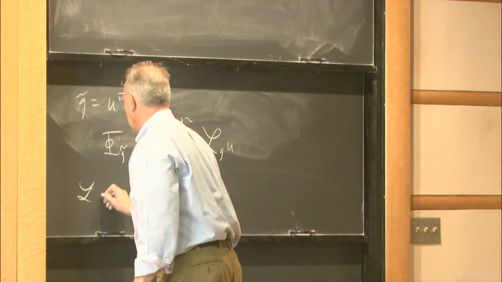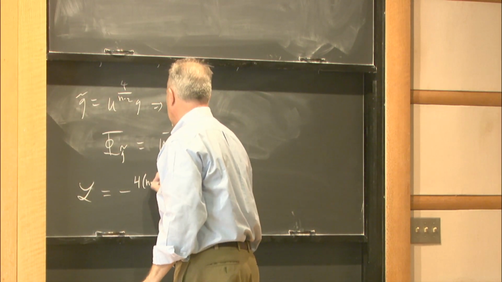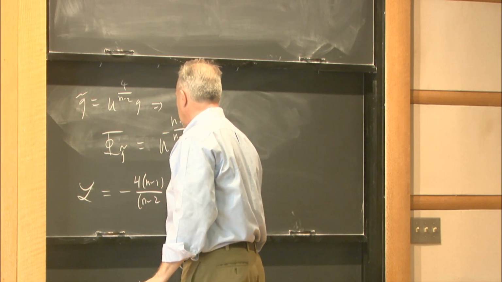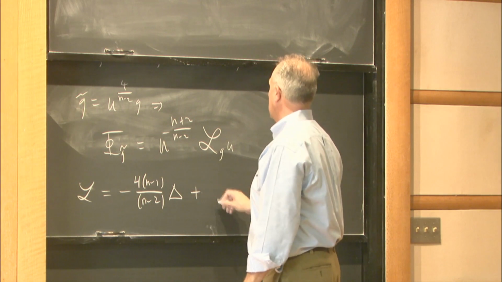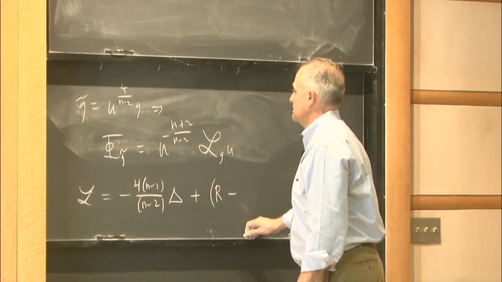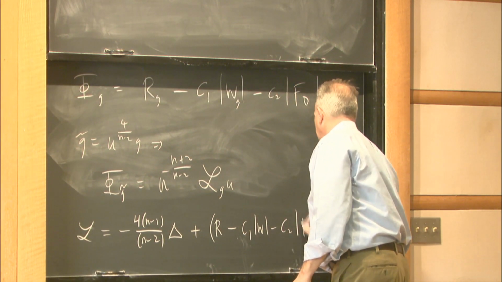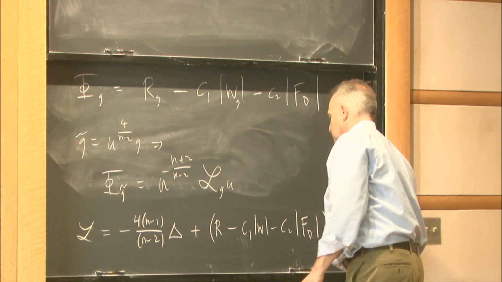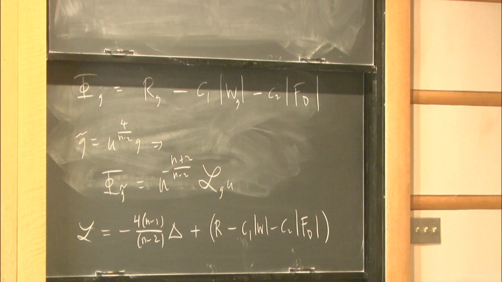The principal part is the same, so it's minus 4 (n minus 1)/(n minus 2) times the Laplacian, plus the scalar curvature, and then minus this term here. All right, so you can add these weights that scale in a simple way under conformal transformation, and it behaves as if you're just looking at the scalar curvature.